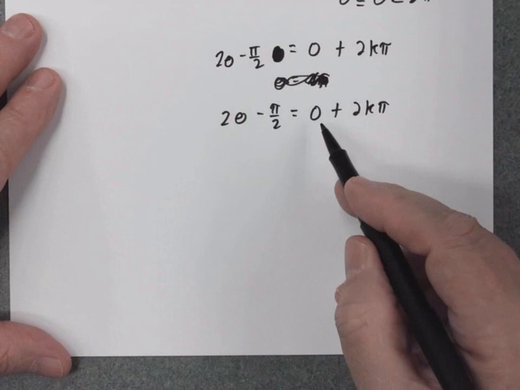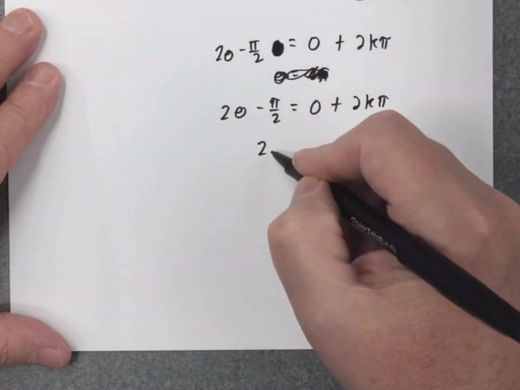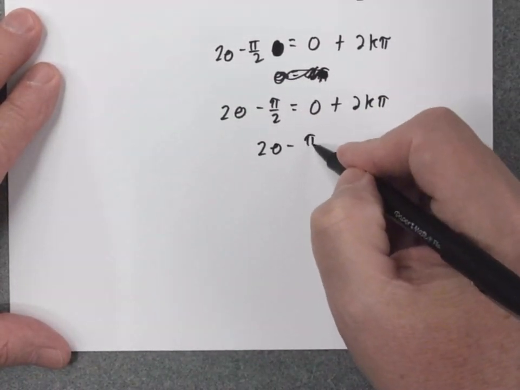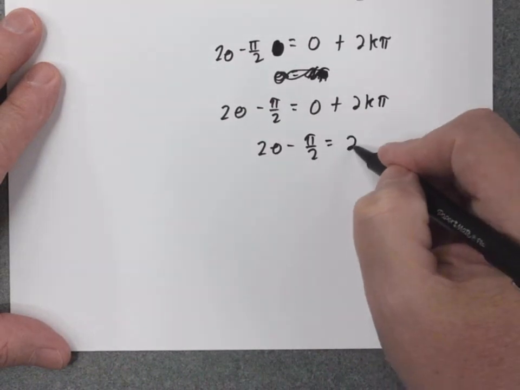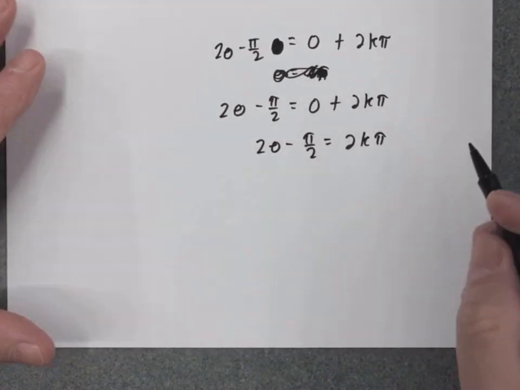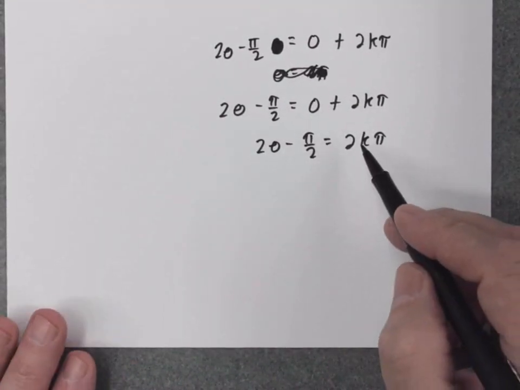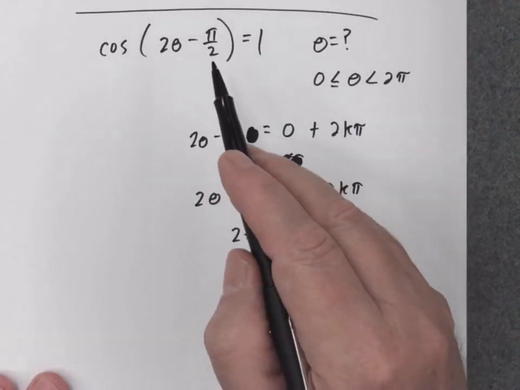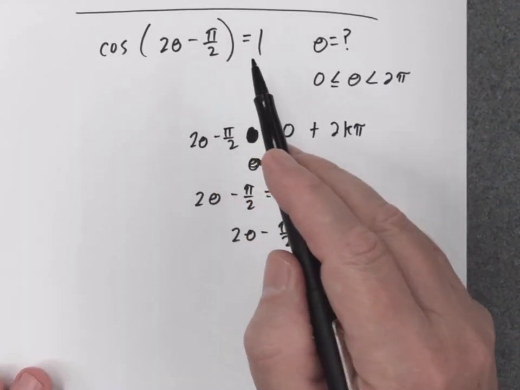Of course, normally when you have 0, you don't write it. So really what I have here is the general solution to this initial equation.